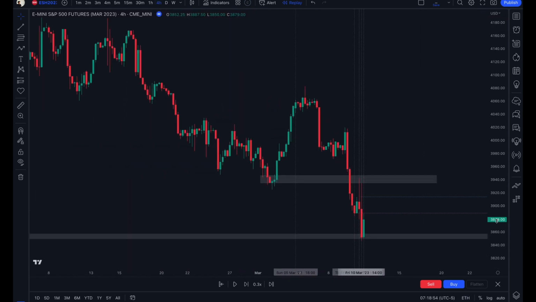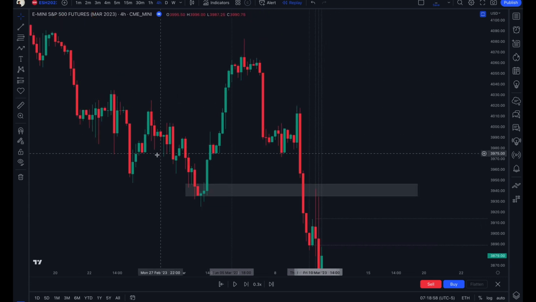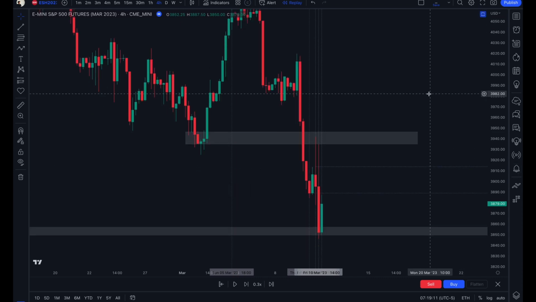If we go to 4 hour, we can see the narrative we had before. We want to see high, higher high, lower low. Here is the last 4 hour bearish candle before it starts going out, taking out the buy side liquidity. With this candle, this range, the market really just goes back up and touches this range. It also touches this 4 hour fair value gap, and then goes back down.